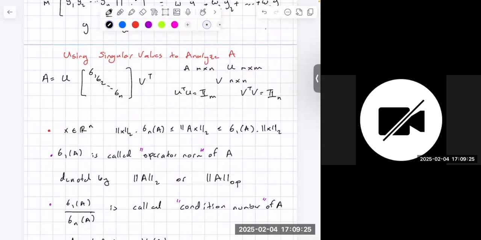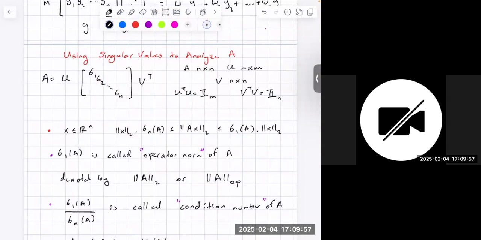That's the most squeezing, okay? So the output will always be between these two numbers. The biggest one is sometimes called the operator norm of A. As I said, I did not come up with the names. Sometimes they will write the norm of A with subscript 2, or sometimes A op. If you see anything of this sort, this is literally talking about the biggest singular value. How much your matrix can stretch stuff, okay?